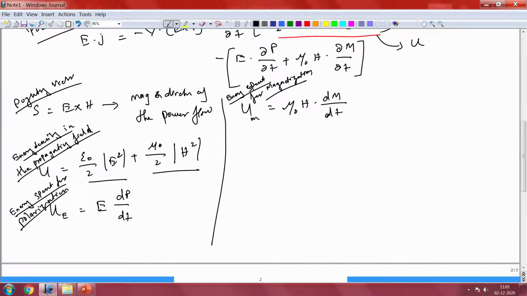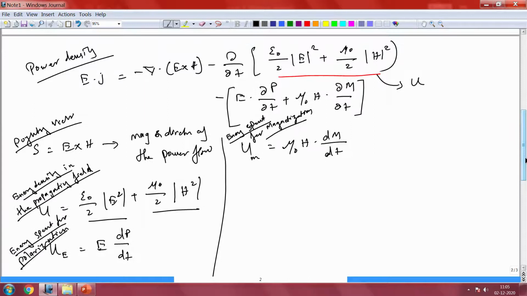So if you look at the composition of this equation, this is the power density that we saw. The magnitude and the direction of the power is represented here, and then the energy stored component at a given point of time, and the third quantity here represents energy spent in the medium.